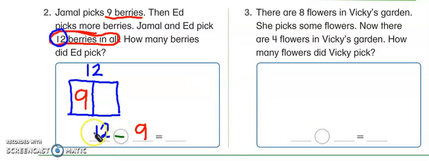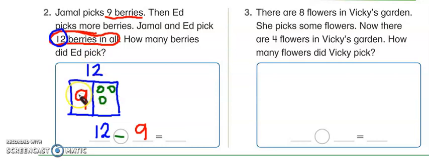So I have my numbers here. Now I have to figure out what is the other part. And let's do it together. So what I usually do, I just count on. So I have 9, 10, 11, 12.